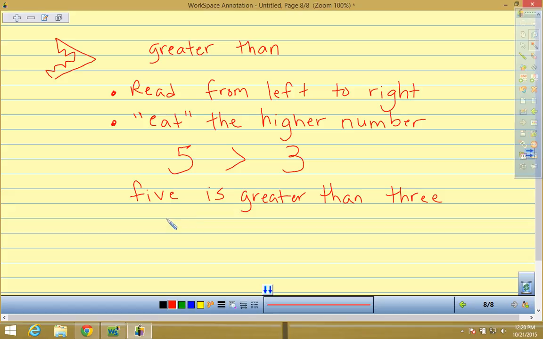If we flip these numbers around and turn it this way, it's representing pretty much the same thing, but the way that we say this is different. Now it's 3 is less than 5. Good. So that's a quick review on remembering what those symbols are.